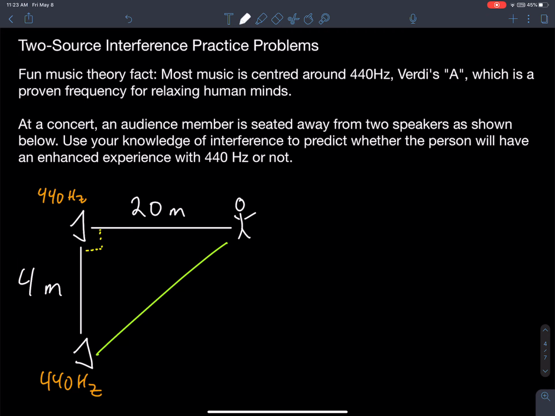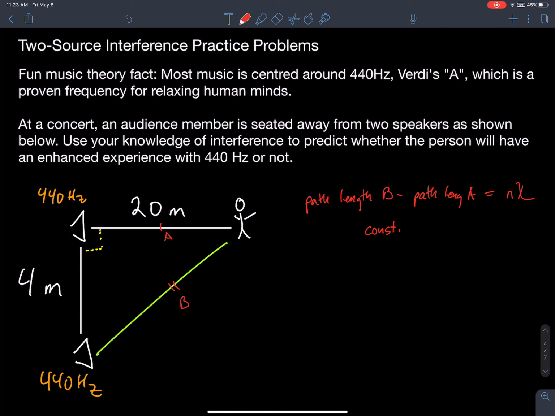So the key to solving this problem is to look at these two different path lengths, okay? Let's just call this B and let's call that A. So if I see that path length B minus path length A is equal to a whole wavelength, then it's constructive.